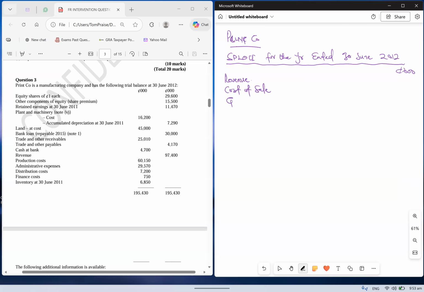You will get gross profits. When you get to this point, leave 2 lines and come and do your expenses. The expenses, you have admin. You also have distribution.